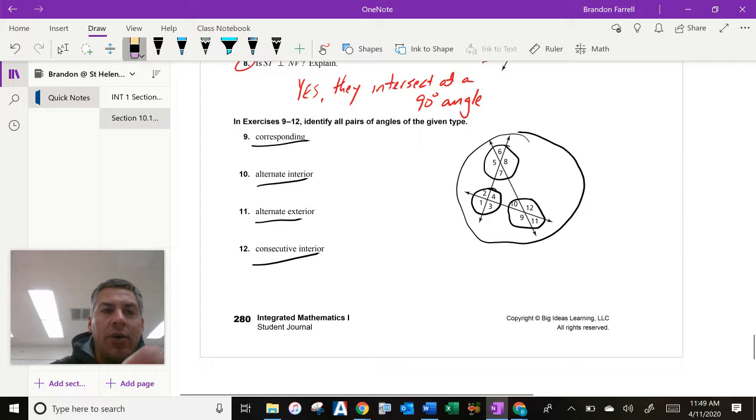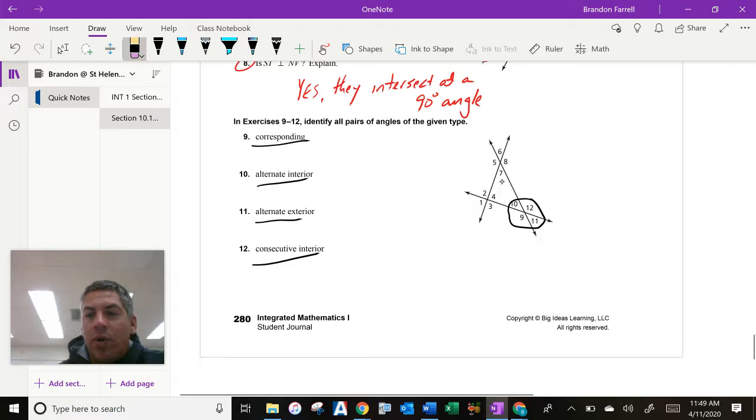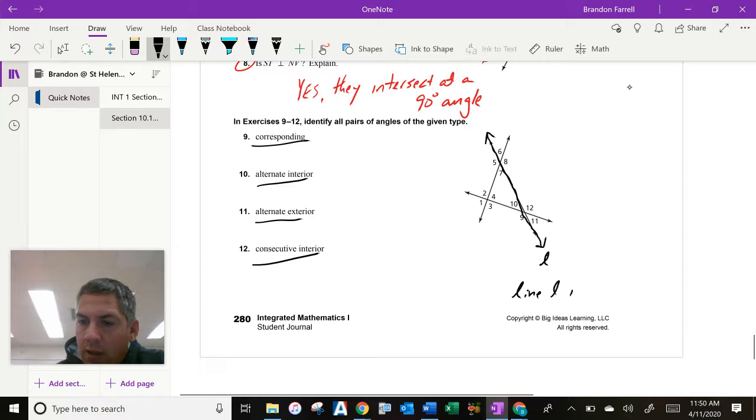So in order to do that, I'm going to erase this and try my best to point out which lines we are going to actually work with. All right. So my transversal is going to be this line right here. Okay, this is my transversal line. We'll call that line L. So line L is my transversal. And what that does is it sets me up not to even look at these numbers right here.